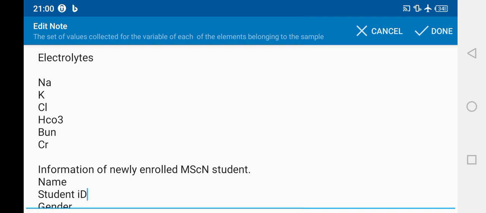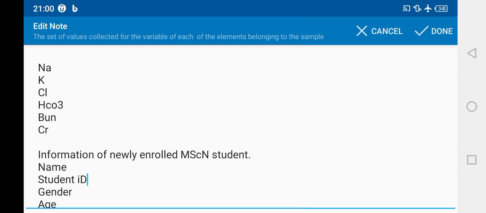In this example, the data set is the electrolyte test, and the values contained in this test are called variables because each value has its own result. Sodium has its own value, potassium has its own value. So sodium is one variable, potassium is another variable, chloride is another variable.